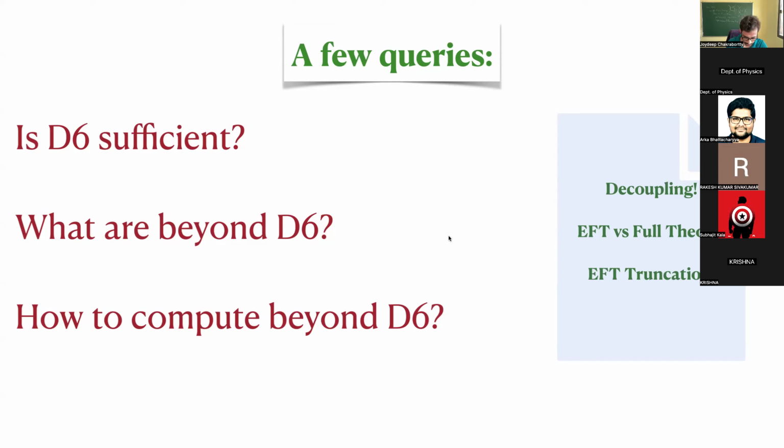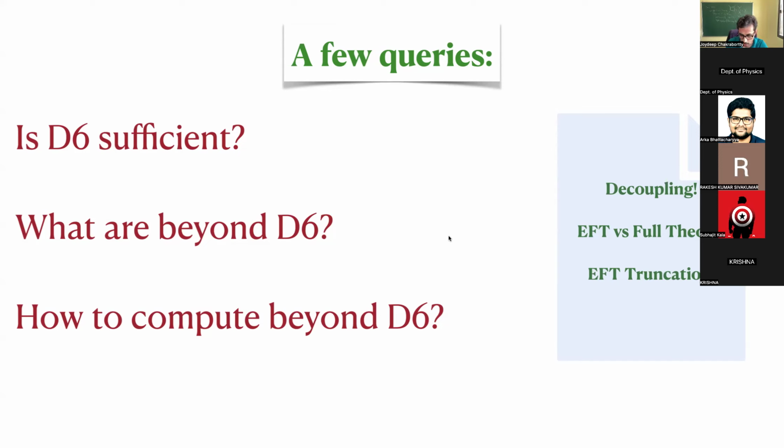Yeah, that's true. But what was his question? Inside a loop, if there are 2 vertices and each vertex inserts a dimension 6, then instead of inserting 1 dimension 8 in one vertex and the other being standard model, I put 2 dimension 6 in the 2 different vertices.